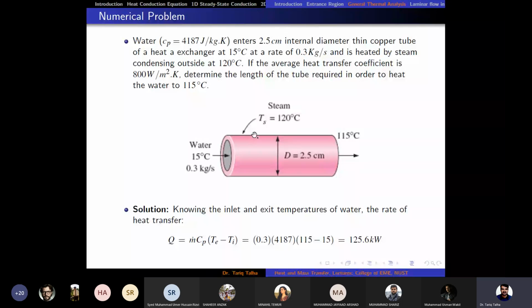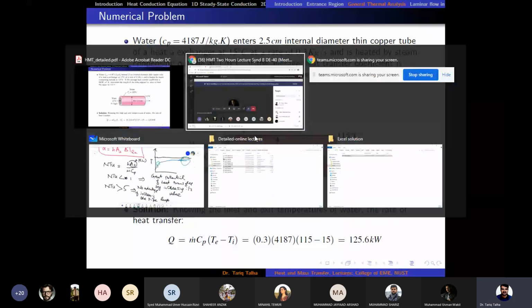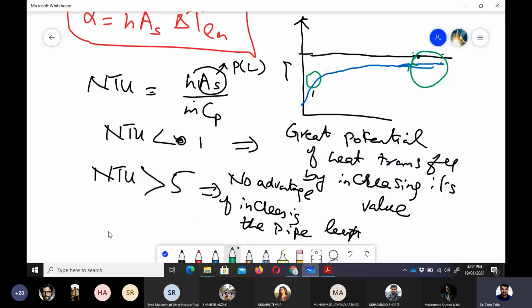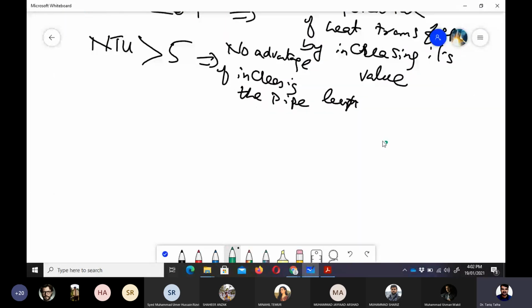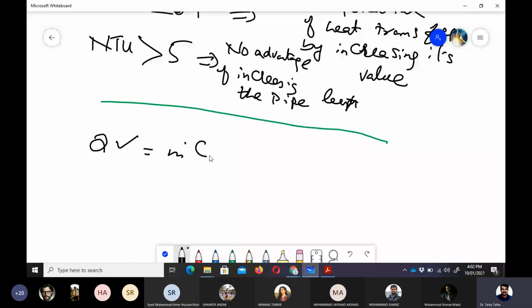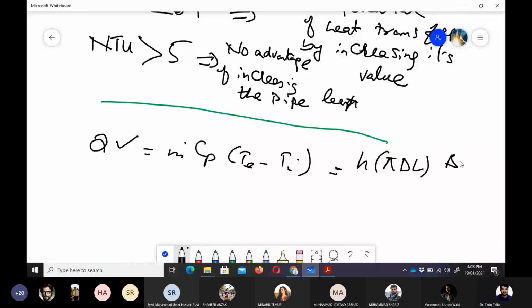So if I go on to the whiteboard, for this problem, this Q value we determine from m dot Cp (Te minus Ti), and then this is equal to h into pi d L, which is surface area, into delta T logarithmic.